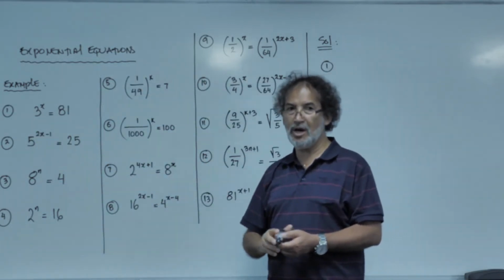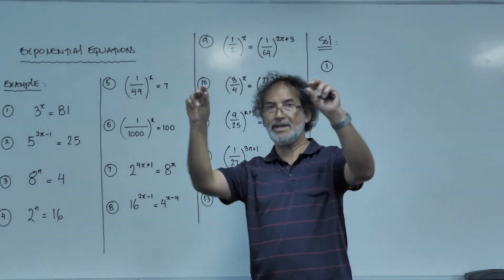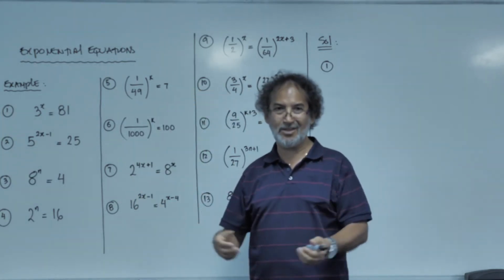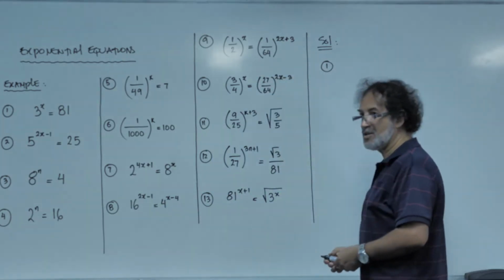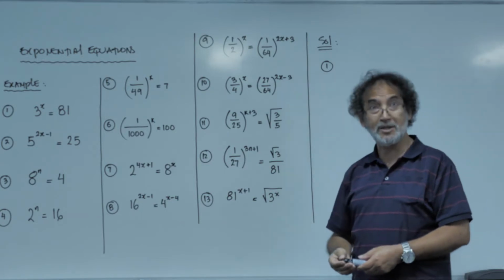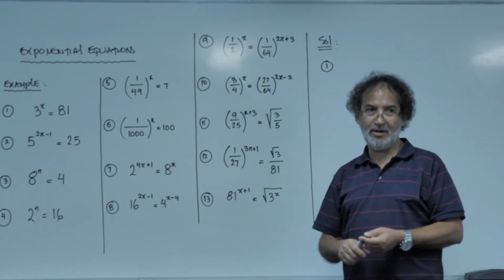When you achieve that, you can get rid of them and equate the powers, and then it's going to be so easy. Because for all these equations, at the end, you're going to be solving a one step or 2 step equation that you did in year 7. So it's so easy.